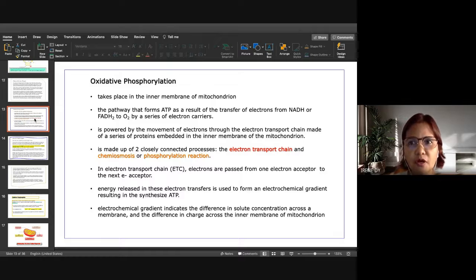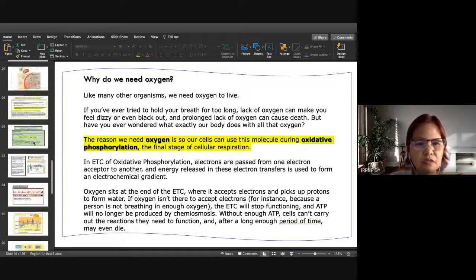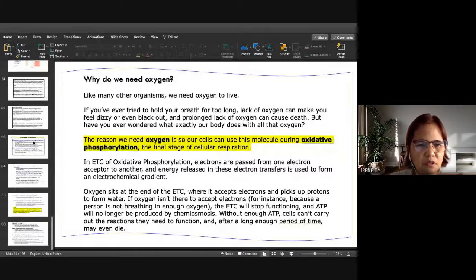Also, in this process, energy is released, electron transfer is used to form an electrochemical gradient that would be resulting in the synthesis of ATP. So what we call this electrochemical gradient, it would indicate the difference in solute concentrations across the membrane and the difference in charge across the inner membrane of the mitochondria.